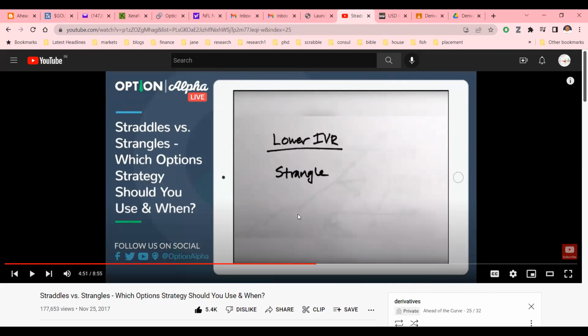Implied volatility. When volatility is low, meaning the market is expected not to make a big move, then you sell straddles. However, when volatility is expected to move up, then you buy a straddle or strangle. If the volatility is very low, then you can sell strangles.